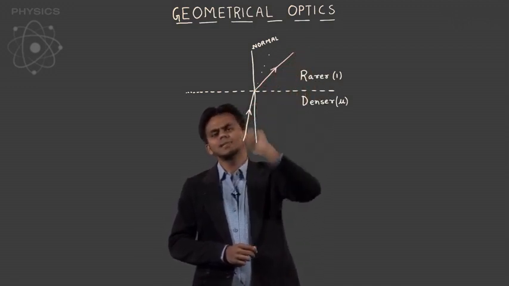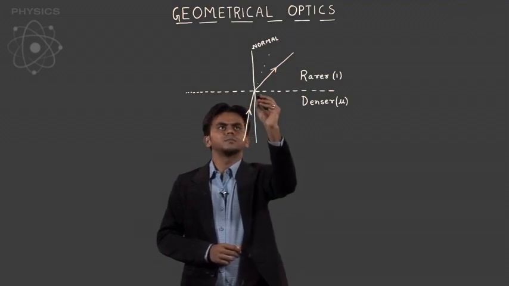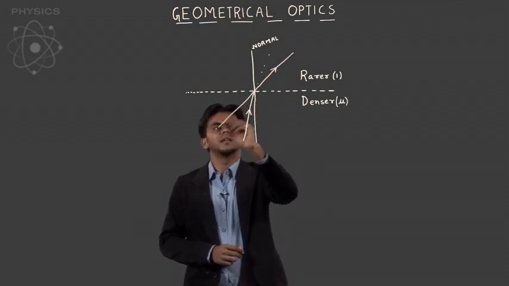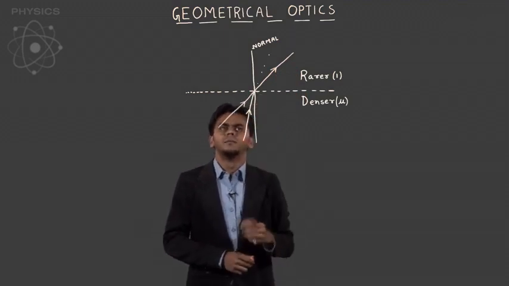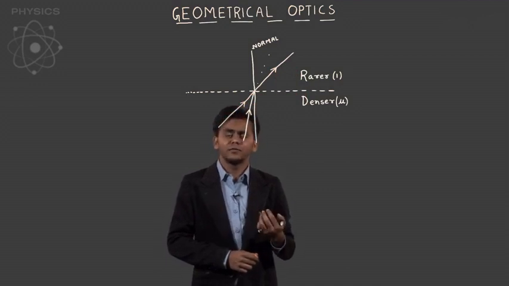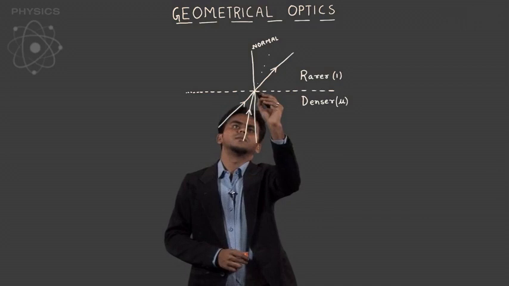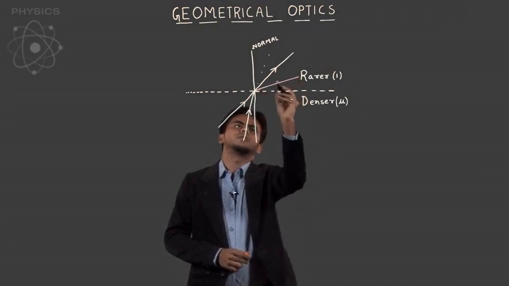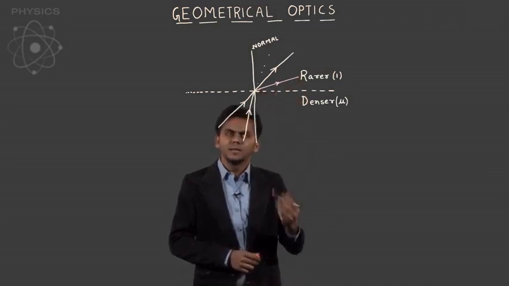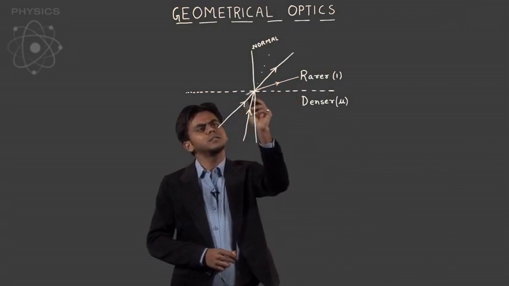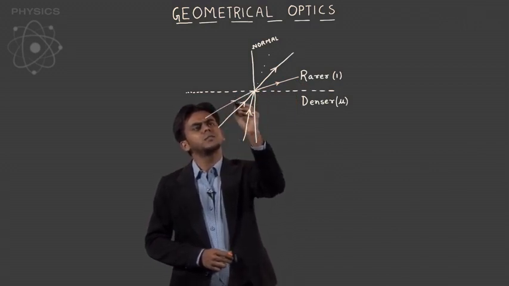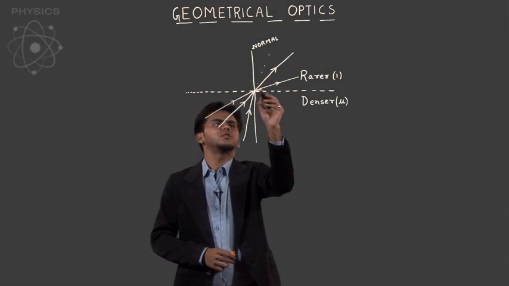And if I increase this angle further, how? By passing a ray like this, my R, angle of refraction, would again be increased. Now this would be your new ray. Similarly, I can keep on increasing my I, and my R would also keep on increasing.